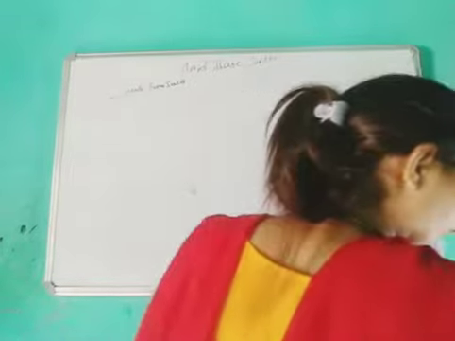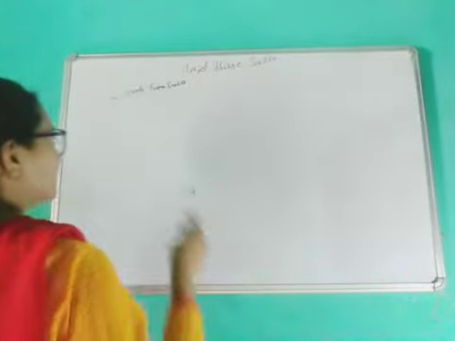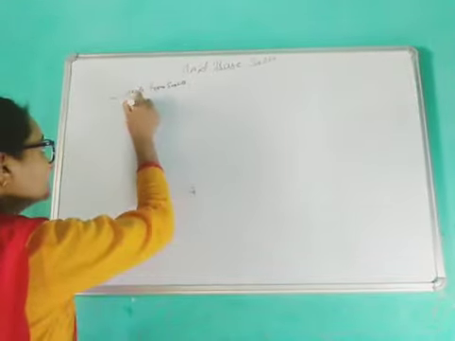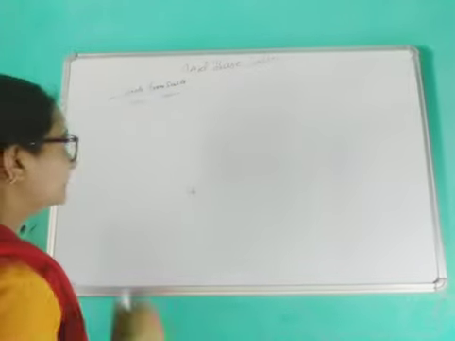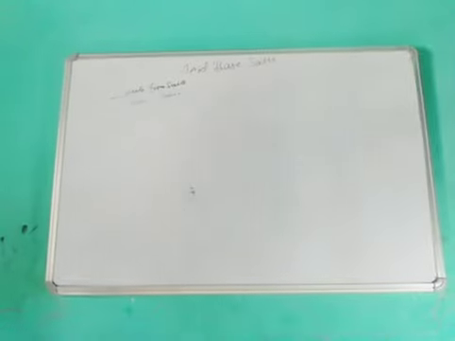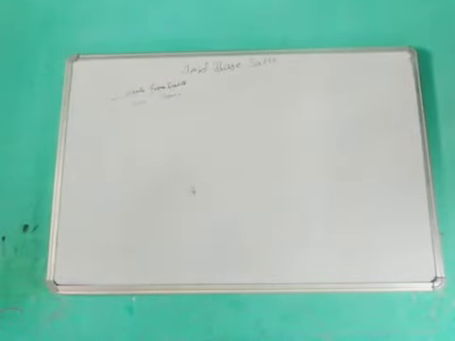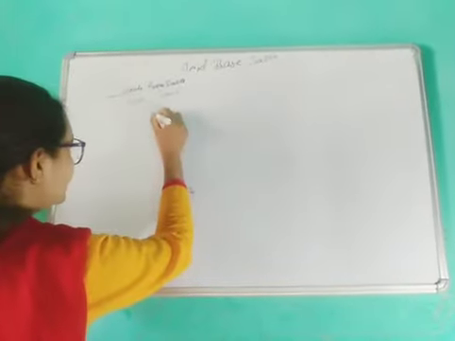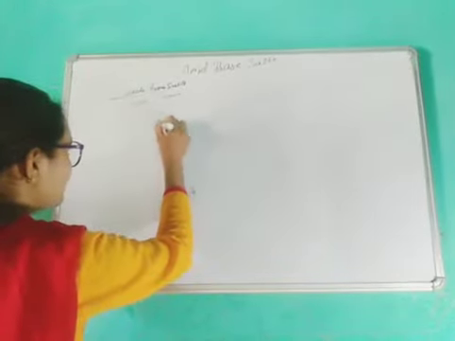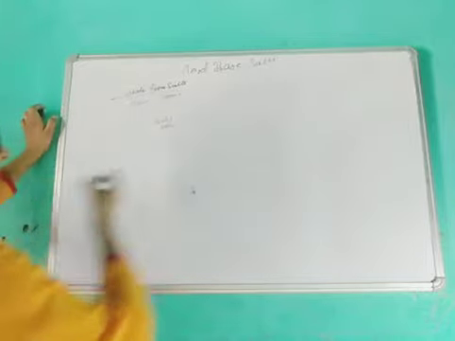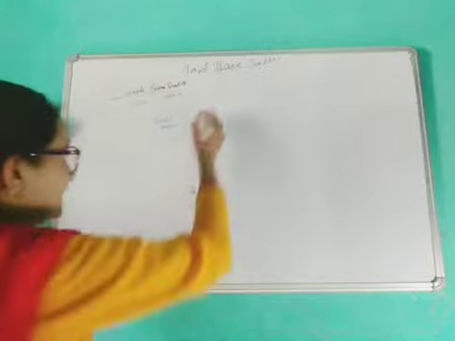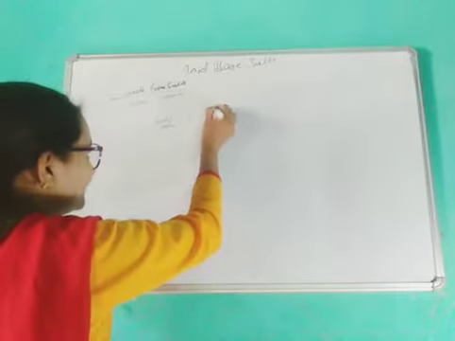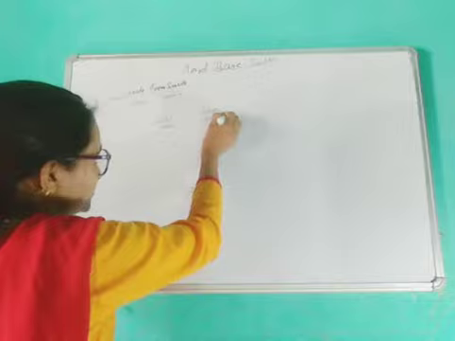Okay. And if you want to get a base from salts, you have to do what? You have to take a salt solution and add it with a base which will be an alkali, those which are soluble.